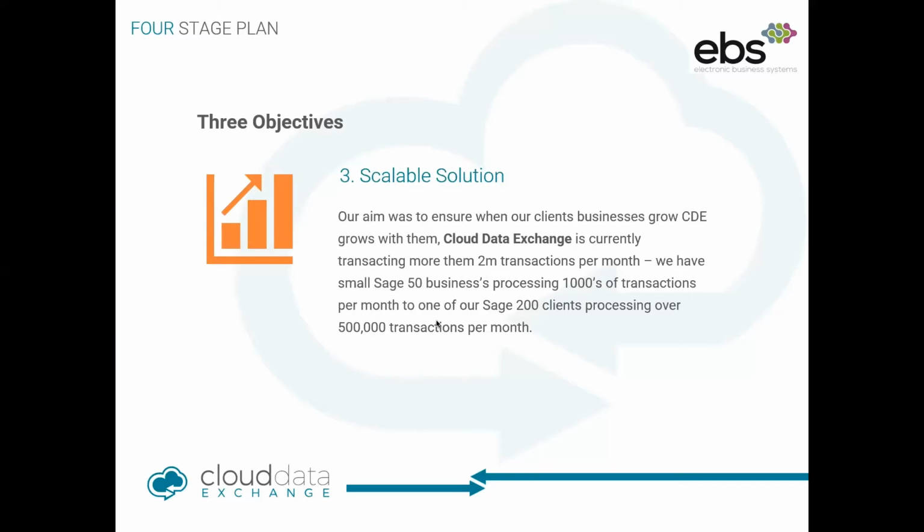There is no issue with the size of the transaction level. We have one large corporate who uses NetSuite, who uses in excess of 1 million transactions per month. We have no ceiling. The Google platform is as big as we want, so there's no issue with scalability either.